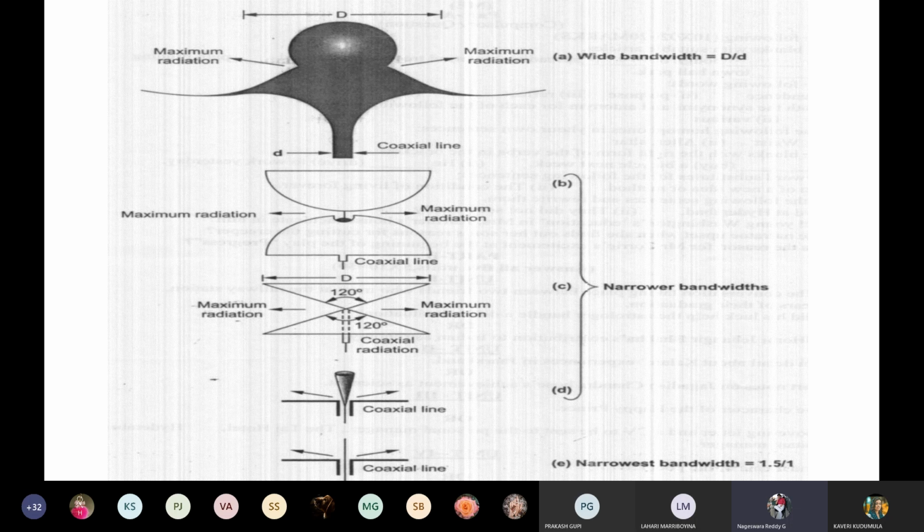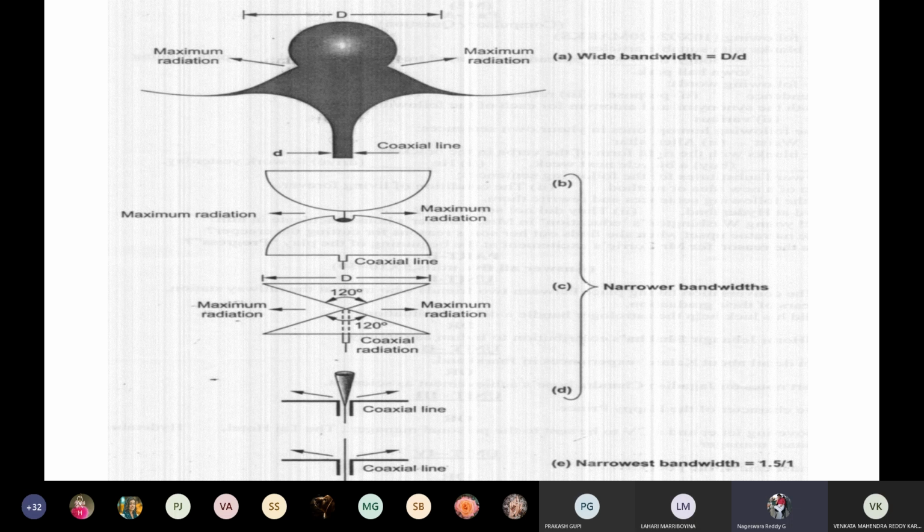Figure C shows the double dish changed into wide angle cones. So this is figure A and figure B, figure C and figure D.